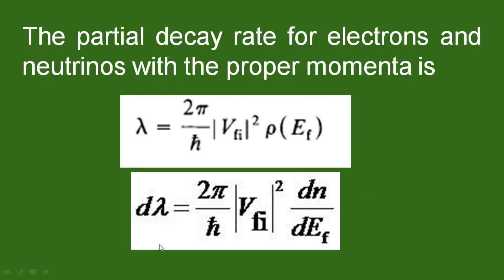Now we have an expression for dN and an expression for Vfi. By substituting them in this equation, we can simplify it to get the decay rate.